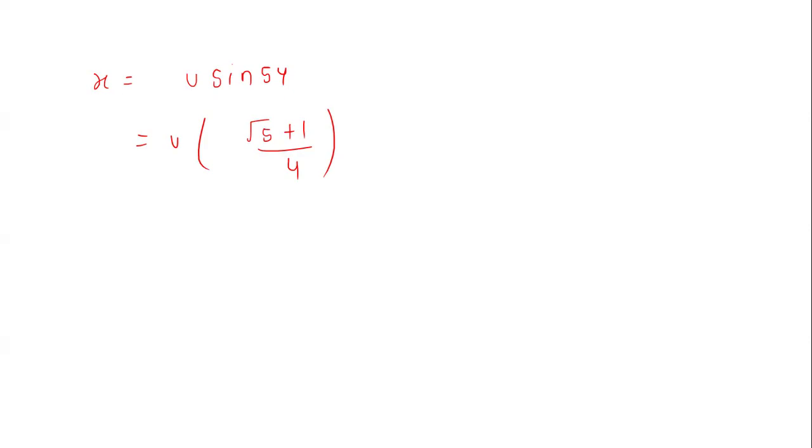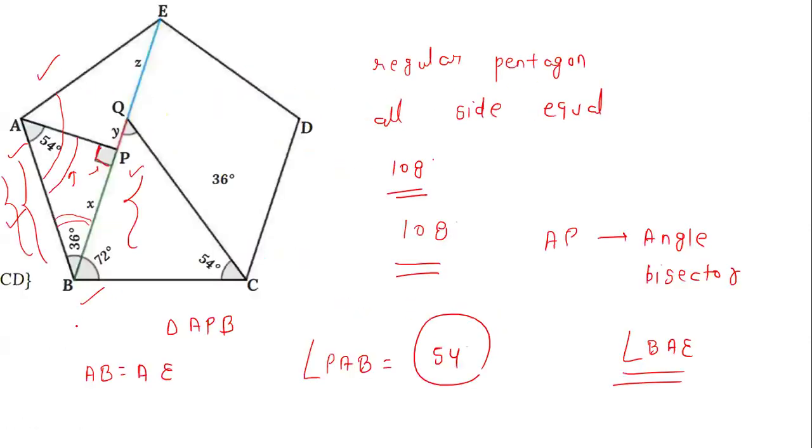Now we have found the value of X. Next we find the value of Y, then the value of Z, and in the last we take the ratio of all three to get the solution. So let's see how we can find the value of Y. Take the triangle BCQ.